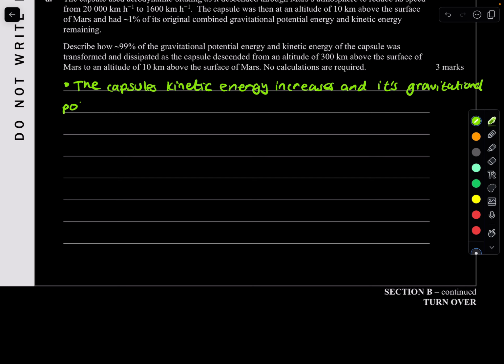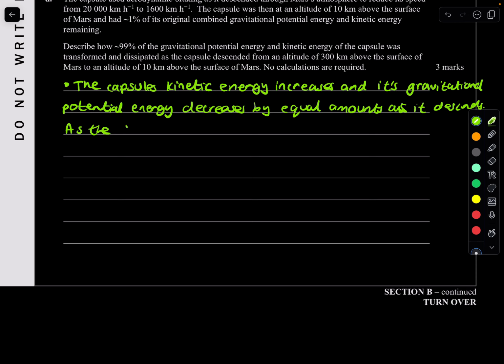Gravitational potential energy decreases by equal amounts as it descends, as the total energy is constant.